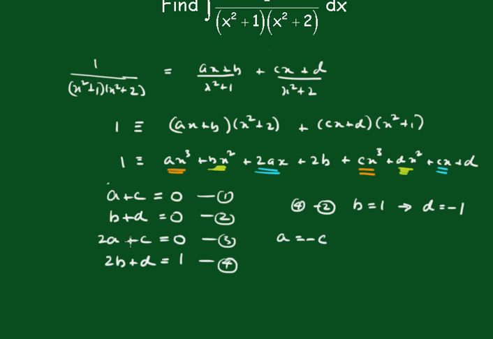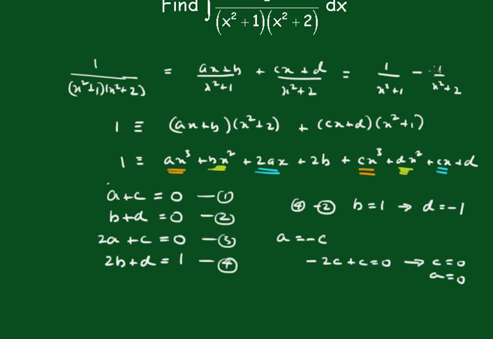So we put this back in here, we get minus 2c plus c equals 0, which means that c equals 0, and of course a must equal 0. So both these will go out, and we'll get 1 over x squared plus 1 minus 1 over x squared plus 2, and you can see very easily that that simply comes out to the 1.